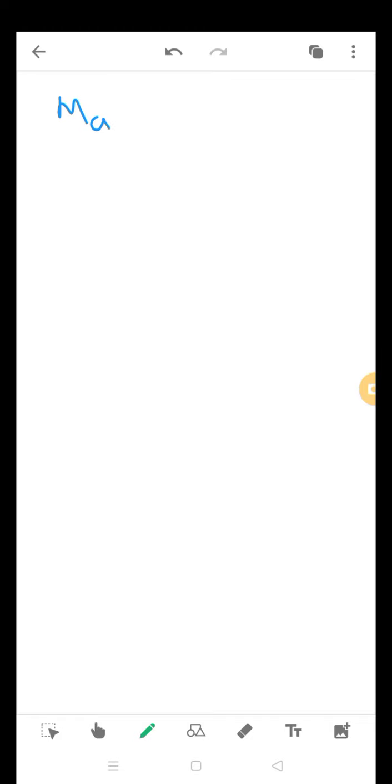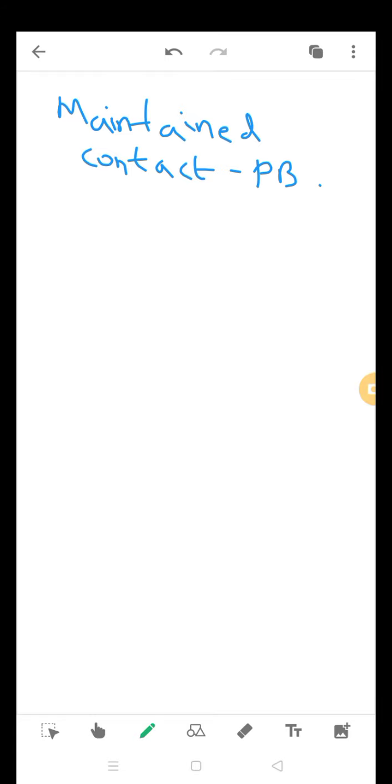We maintain the contact, so it is the maintained contact push button type switch. Let me draw the diagram first.